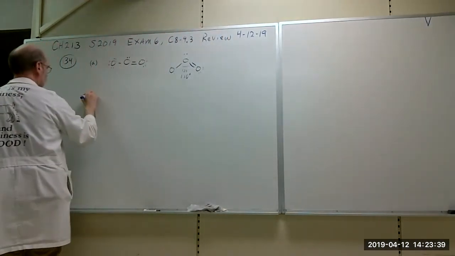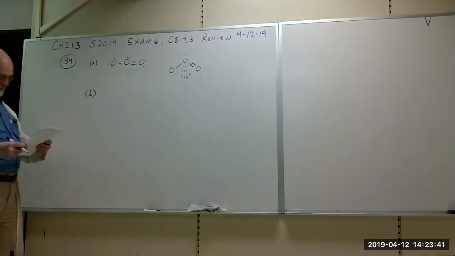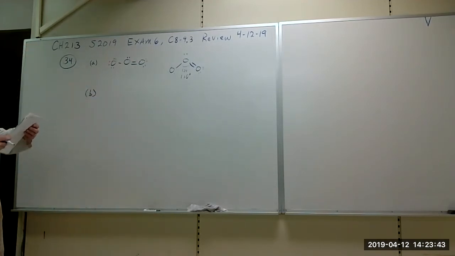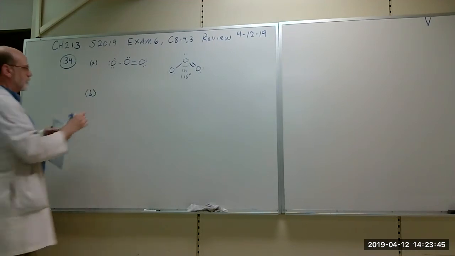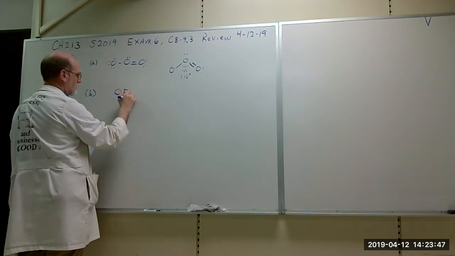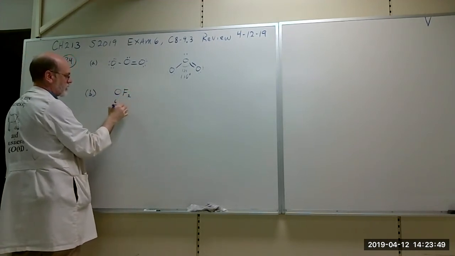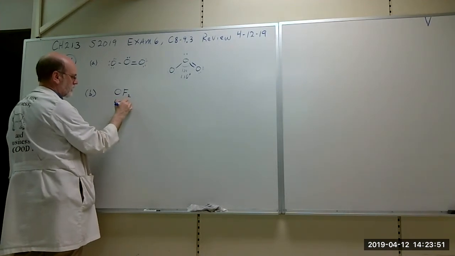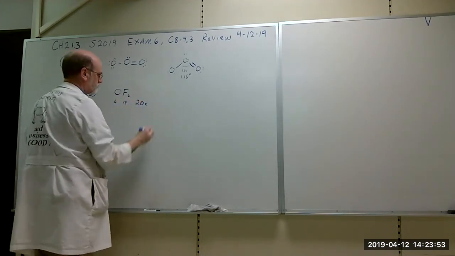So how about B? We have 6 here, and 2 times 7 is 14 here, so we have 20 electrons.